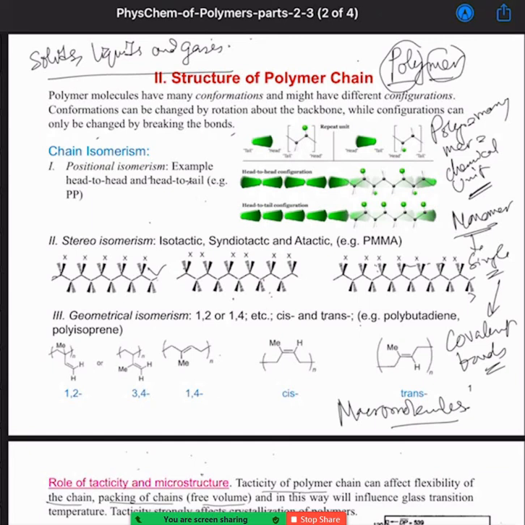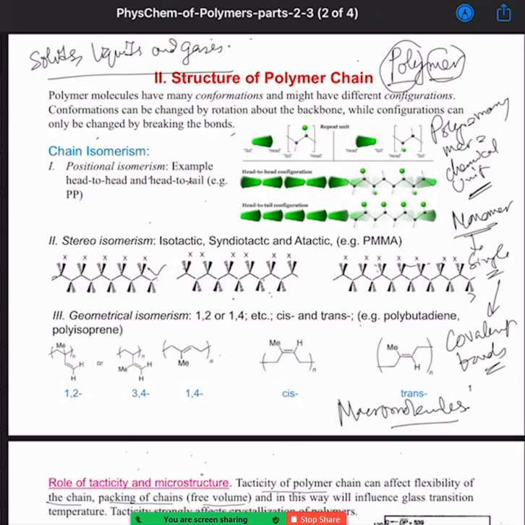These are composed of small and similar units. But polymers are not composed of small units; they are composed by the combination of smaller units together. In that way, these macromolecular polymers are different from conventional materials.